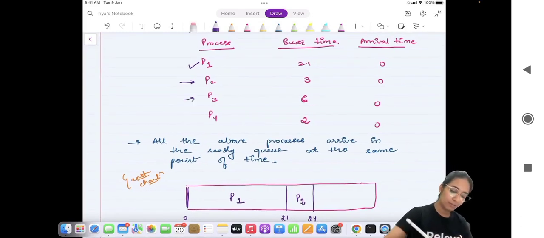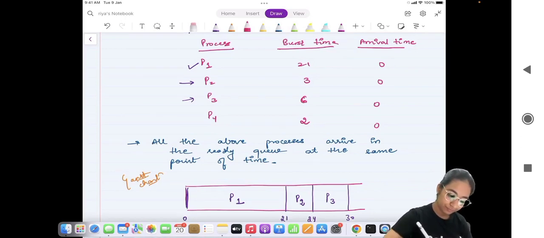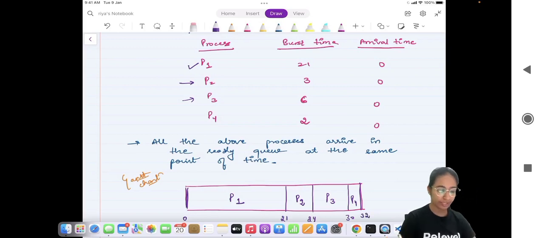Then we have the P3 process, which will take up 6 units of time, so this is 30 over here. And the last one is the P4 process, which goes up to 32.